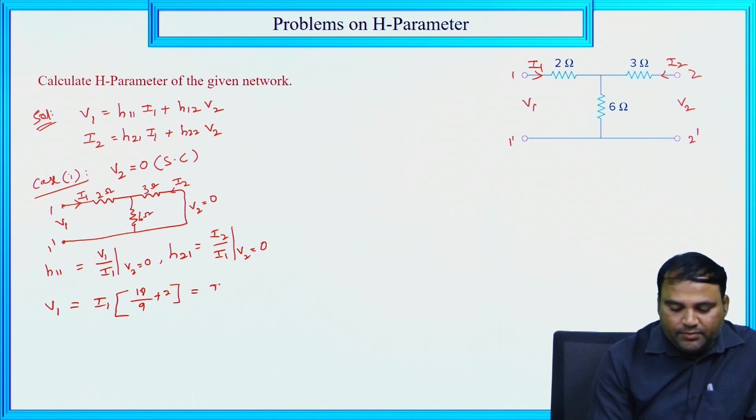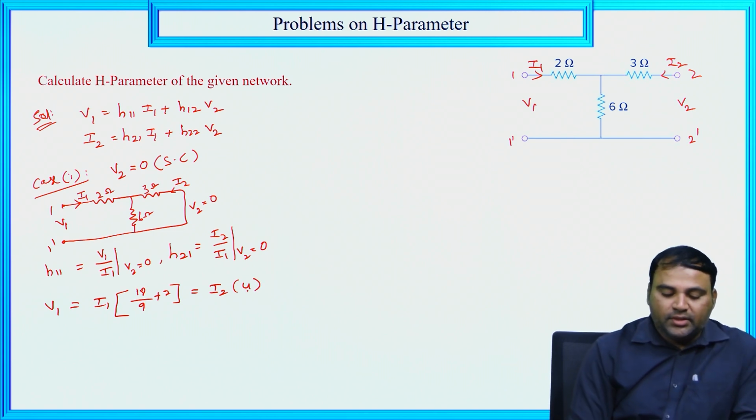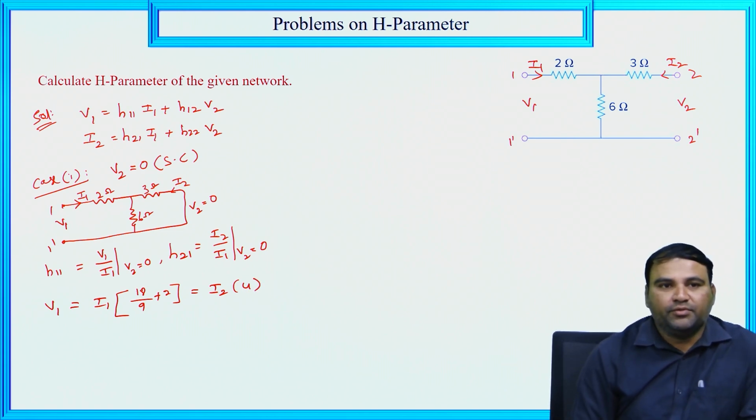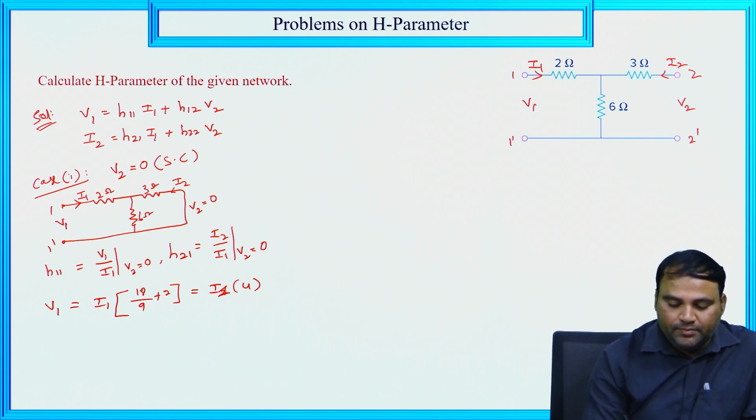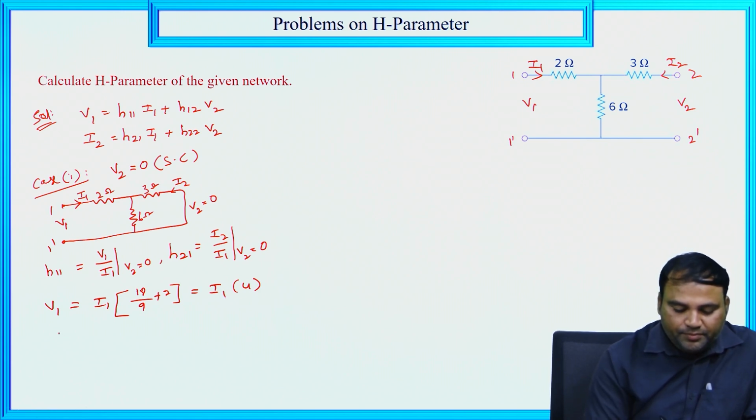So 9 plus 2... sorry, 2 plus 2, 4. So V1 equal to I1 into 4. Now H11 equal to V1 by I1, that is equal to 4.